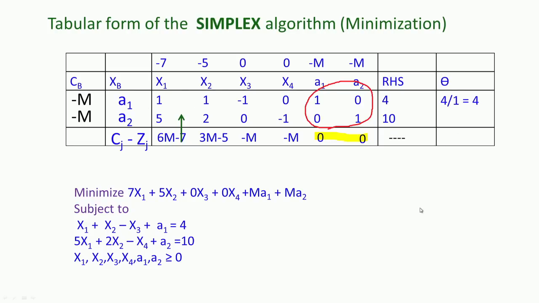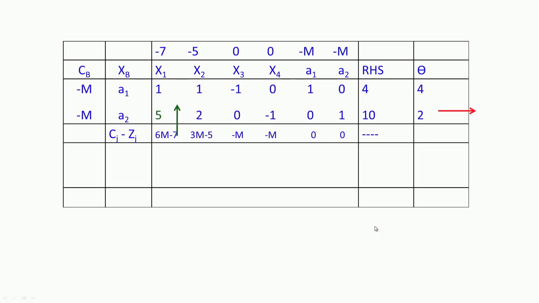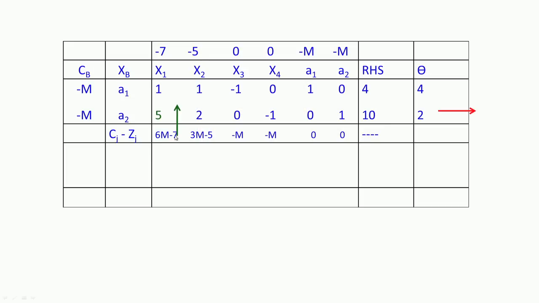So 4 divided by 1 is 4, 10 divided by 5 is 2, and the limiting value is the minimum of these two ratios, and therefore this variable a2 will leave the solution and the variable x1 will replace the variable a2 into the solution. Now I have shown the first table where the variable x1 is replacing the variable a2.